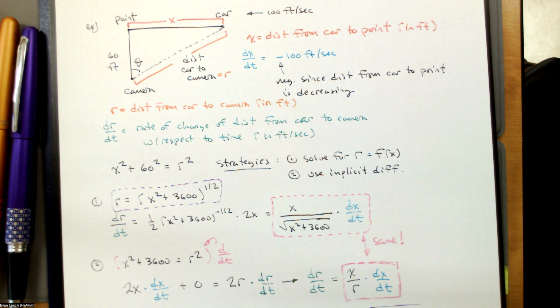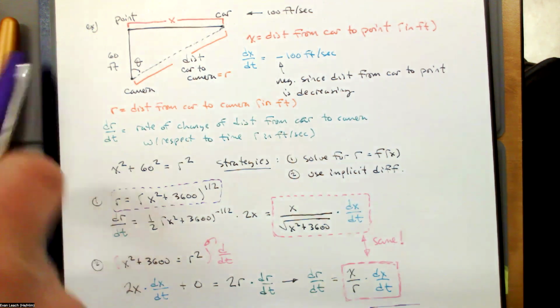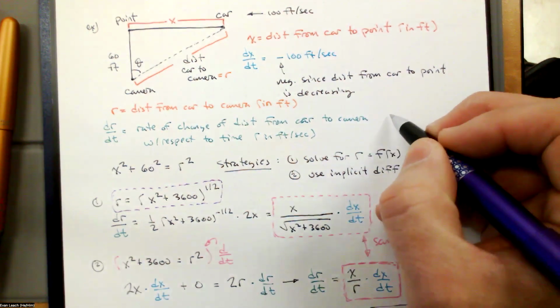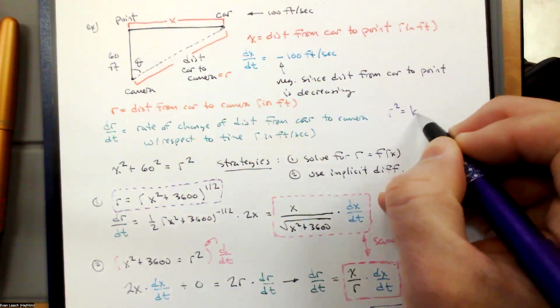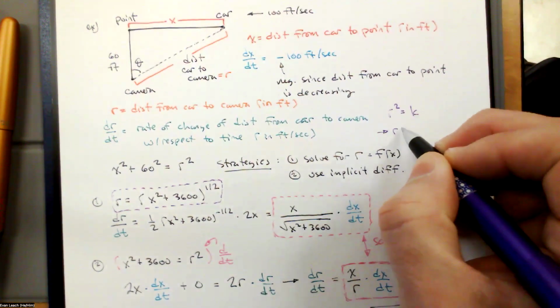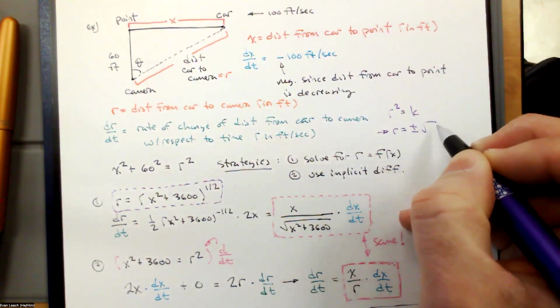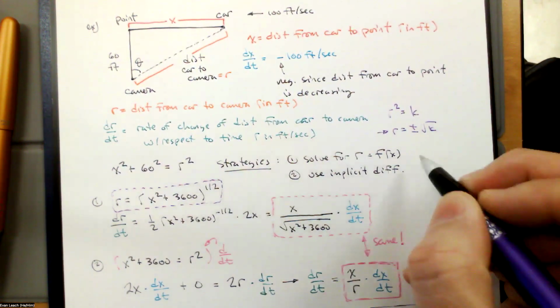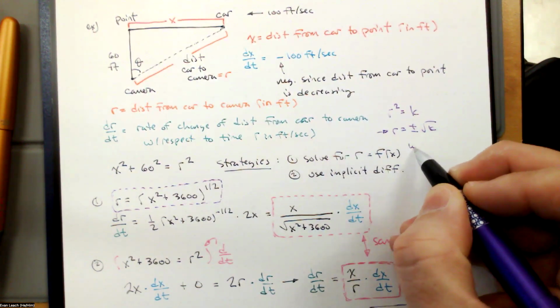But in this case, our choice is plus or minus the square root, and we want the positive square root because r is going to always be positive since it's a distance. So r squared is equal to some constant tells us that r is equal to plus or minus the square root of that constant, and we want plus.